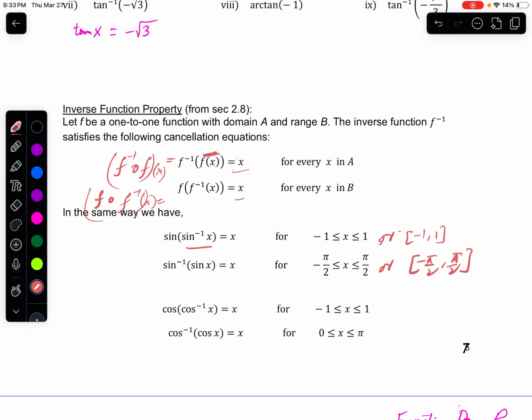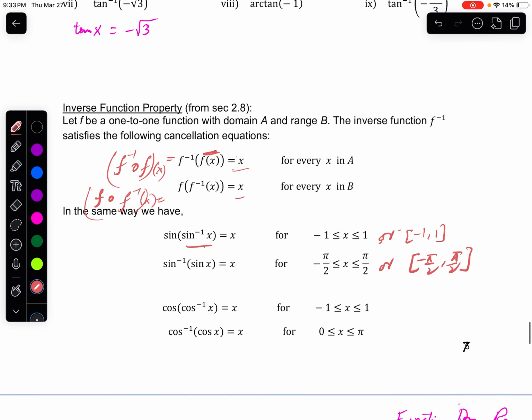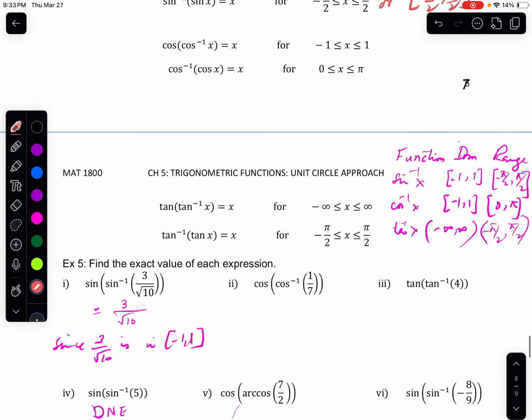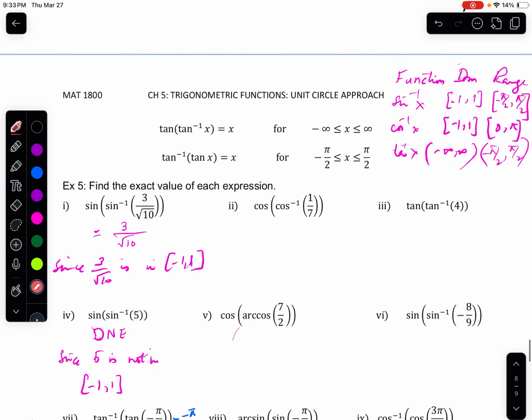Cosine inverse x has the domain negative 1 to 1, and it has the range 0 to pi. And then tangent inverse x has domain negative infinity to infinity, and range is negative pi over 2 to pi over 2, not including the endpoints.